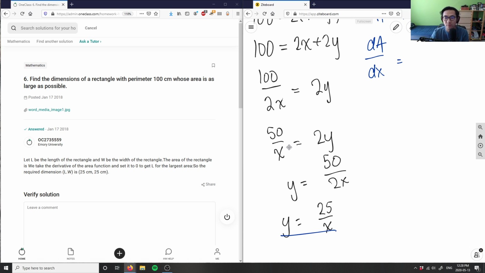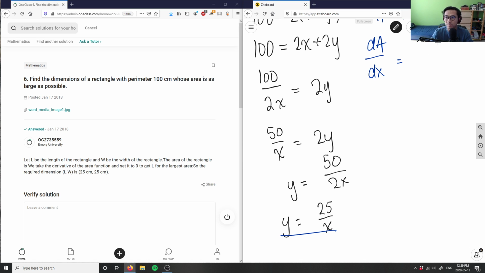I'm dividing 50 by 2 again to get 50 over 2x. Let me double check my algebra here. I'm dividing both sides by 2, so you can simply say I am multiplying by half here. So we get 50 over 2x, which is 25 over x.